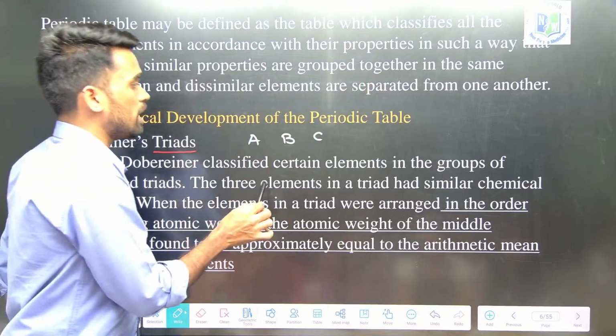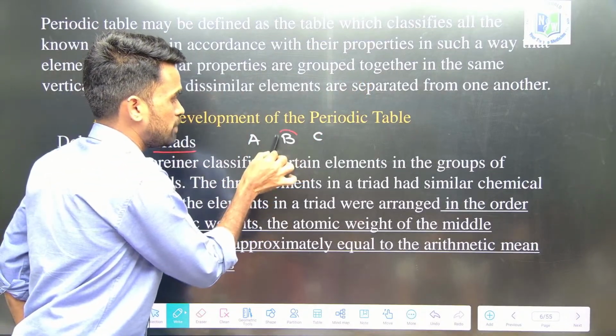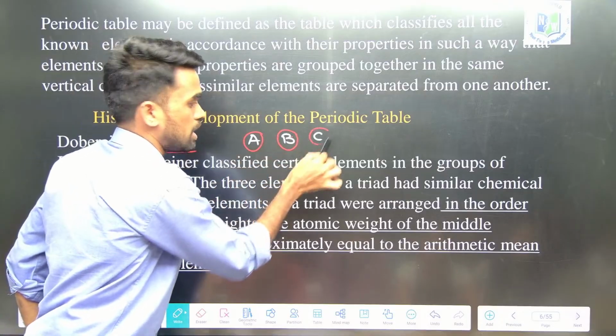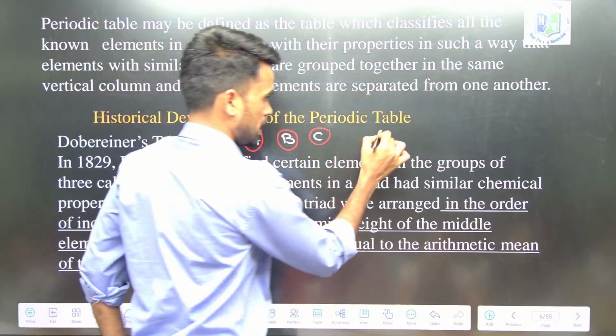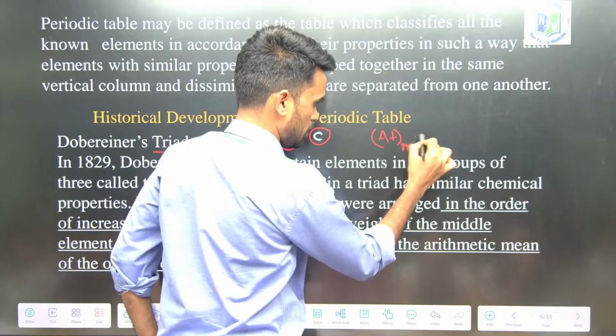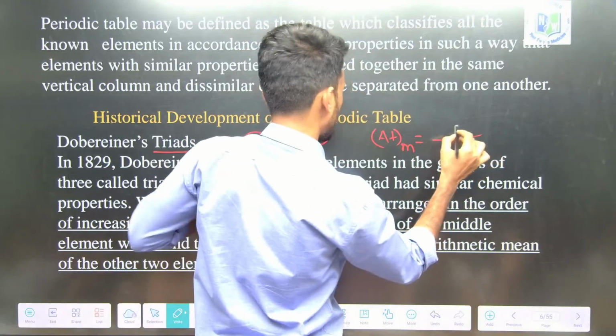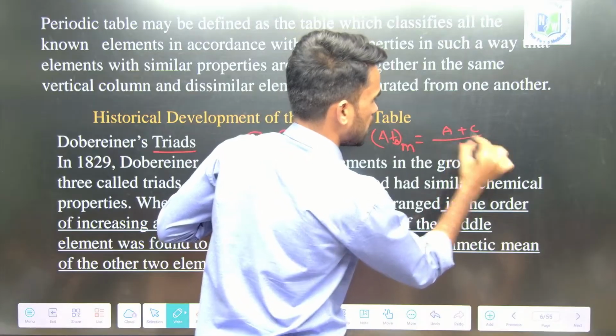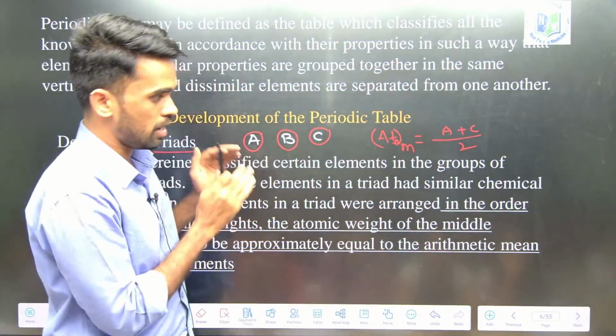Now he observed that the atomic weight of the middle element is the average of the atomic weights of the first and third elements. So I can write, the atomic weight of the middle element equals the average of A plus C by 2. Like this he got some identification.